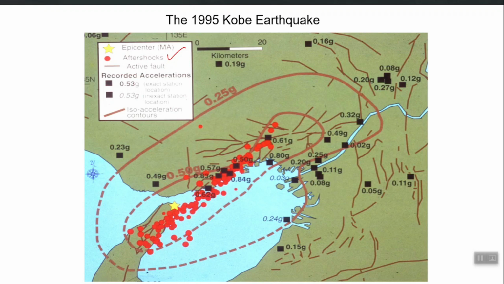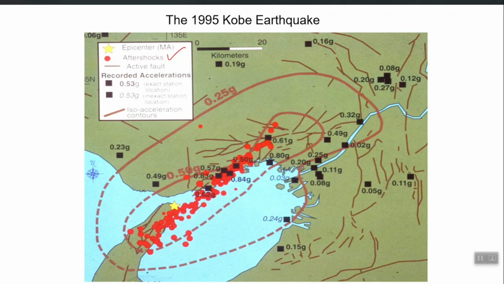The main shock is assumed independent, but all the foreshocks and aftershocks are called dependent earthquakes, because they are the result of one big slip, right? The one big slip triggered those earthquakes.